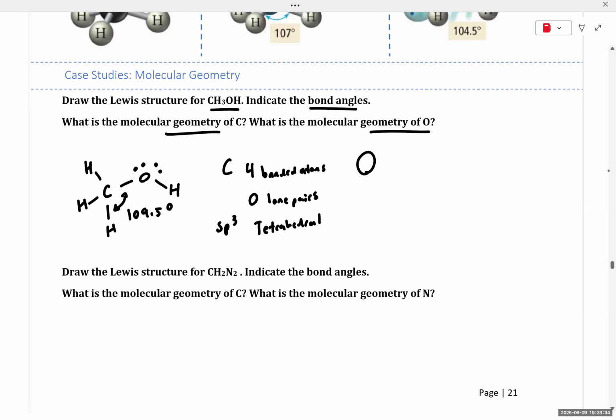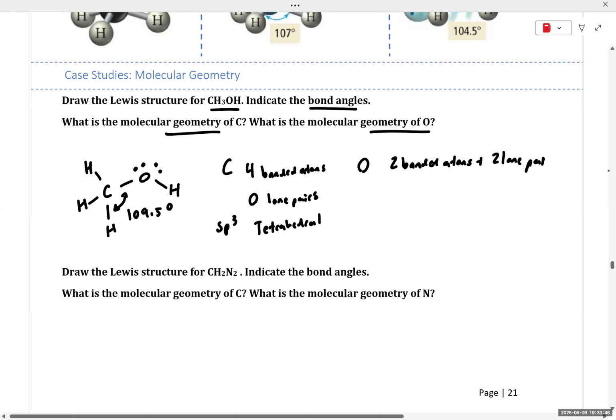As a slightly different example, looking at oxygen, we have two bonded atoms plus two lone pairs. So we have a steric number equal to 2 plus 2 equals 4, but we have two lone pairs.